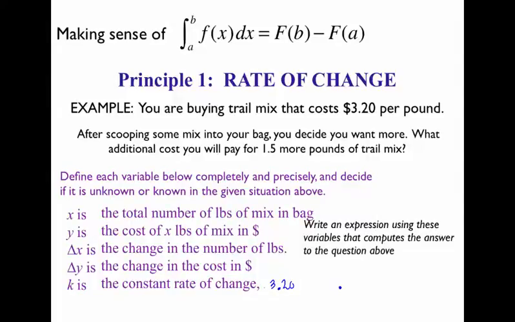Okay, so now write an expression using one or more of these variables that computes the answer to the question above. The answer to the question was, what additional cost will you pay? Which variable was that? Delta y.